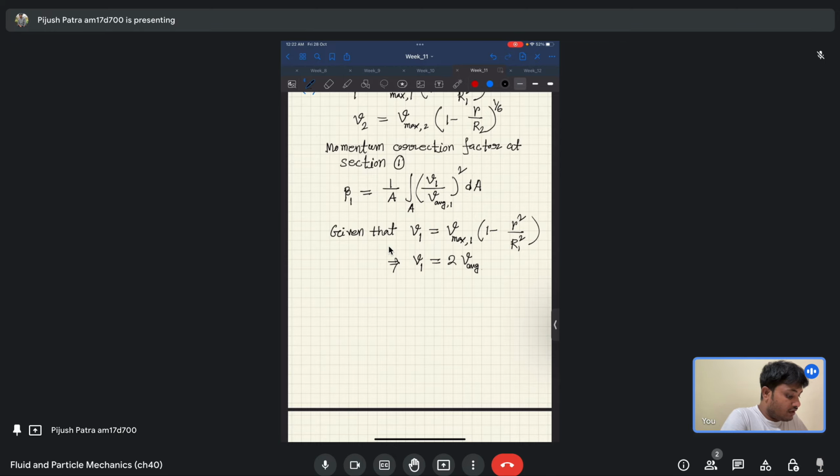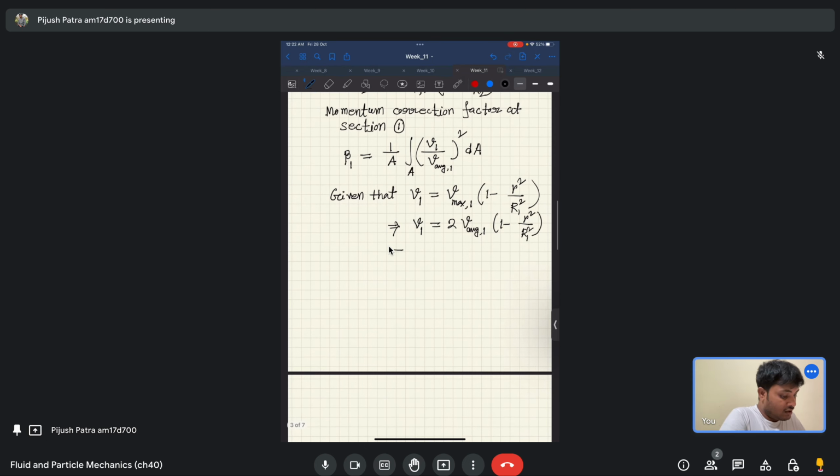So V1 is 2 into V average at 1 into 1 minus small r square divided by capital R1 square. That implies V1 divided by V average at 1 is equal to 2 into 1 minus r square divided by R1 square. That is what I get.